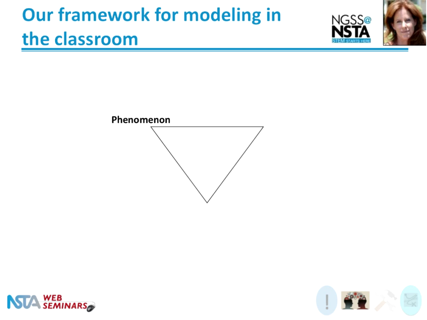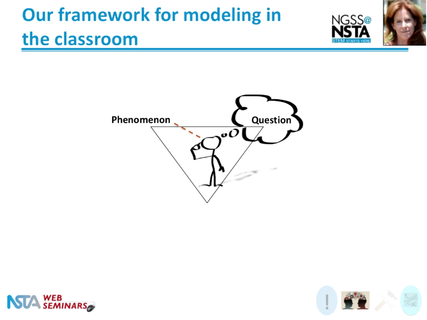So we have developed a framework that we use in curriculum development that uses this model for at its heart and tries to help us instructionally remember to make connections between the phenomenon that we're interested in exploring, the person who's interrogating that phenomenon and wondering about it, so that's our cognitive agent, hopefully our students, and the questions we might ask about the phenomenon.